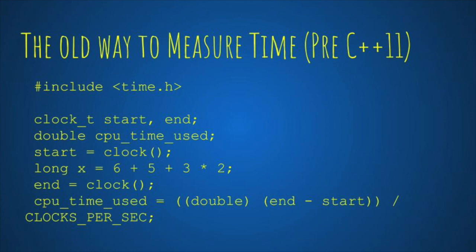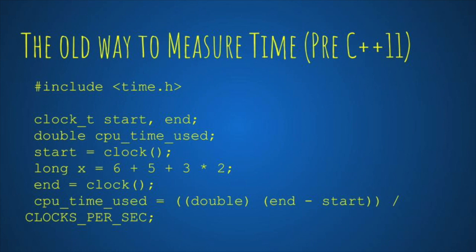The old way of measuring performance is actually not even in C++. Before C++11, you only really had the C level functions to measure time and performance. So the only way to do that was through the time header in the standard library.